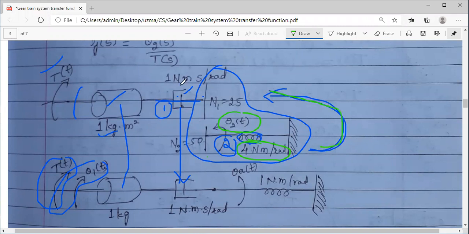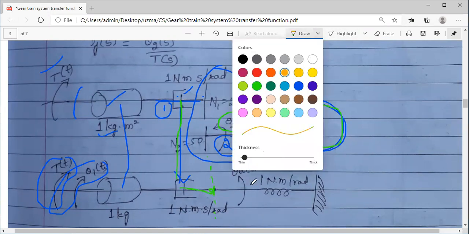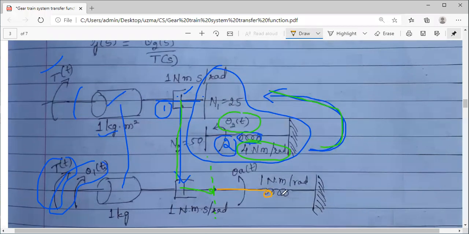What I will do, you can see till this the system is the same. Till here you will get shaft 1. Now when I reflect shaft 2 over shaft 1, I have connected the spring as it is, and I have an angular displacement also, but you can observe I have not taken theta 2 as it is.